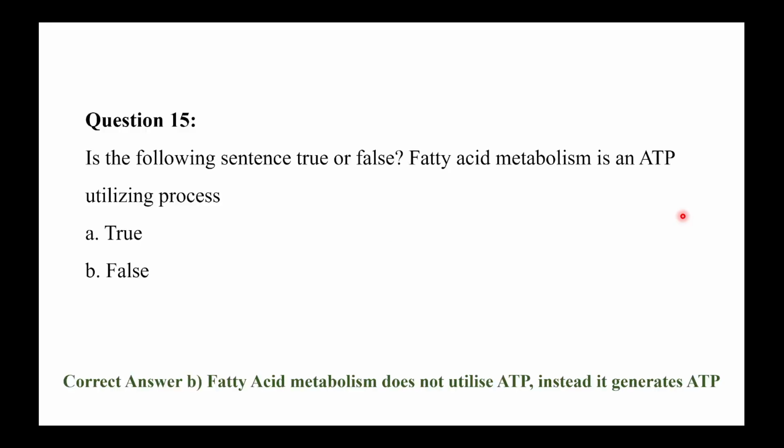So beta oxidation generates ATP. A thumb rule is that any catabolic process generates ATP. Fatty acid breakdown is basically catabolism, and any breakdown process generally generates ATP. Any synthesis process will require ATP.